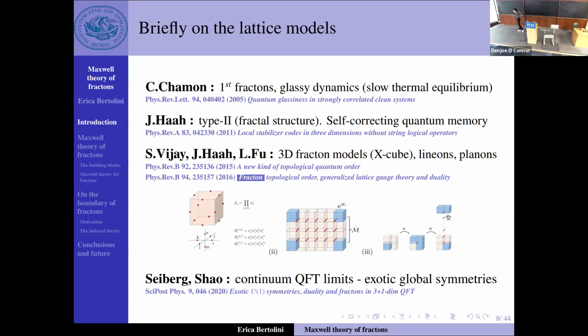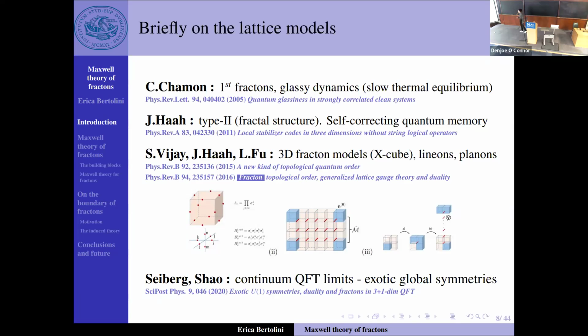I'm not an expert, so I'm sorry if there is any in this room, but I think it's interesting to show briefly the history and how these fractons are conceived, and what these fractons are in these models.